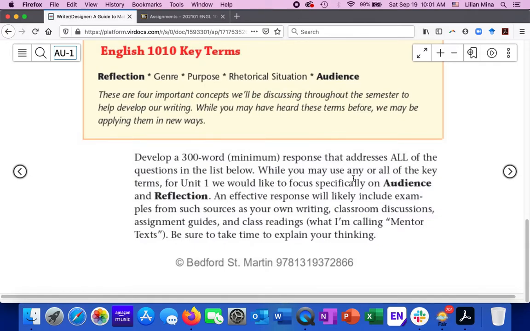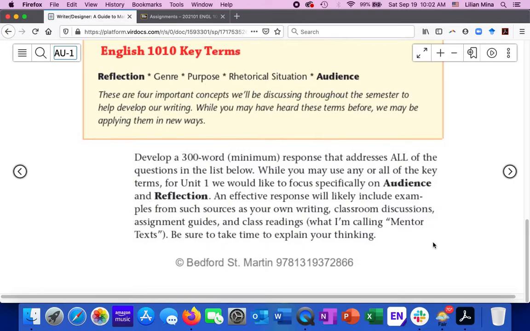While you may use any or all of the key terms, especially audience and reflection, for Unit 1, we would like to focus specifically on audience and reflection. An effective response will likely include examples from such sources as your own writing. So if you use specific details in your writing to appeal to your audience or to reach your audience, include these details.